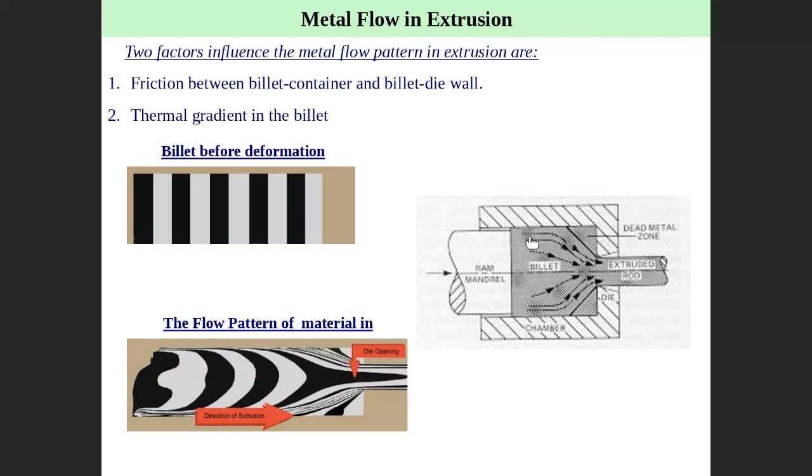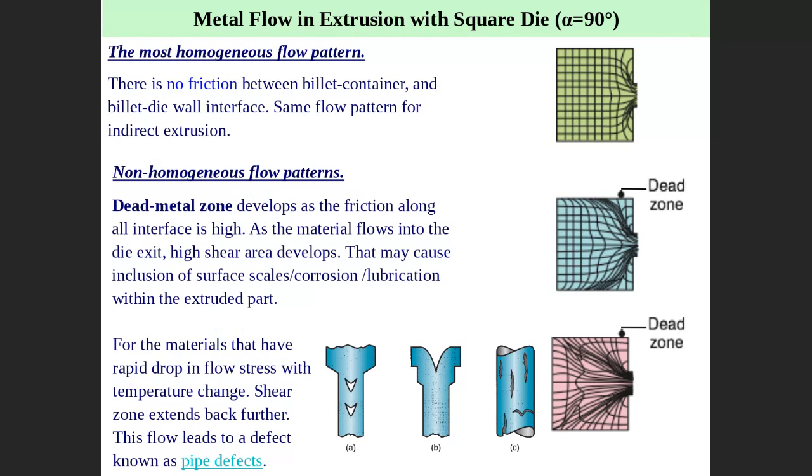This friction in the wall makes the material flow non-homogeneously. Because you go from a big dimension to a small dimension, the material deforms non-homogeneously, and this is usually the pattern of material flow in the extrusion process due to friction in the wall, right?